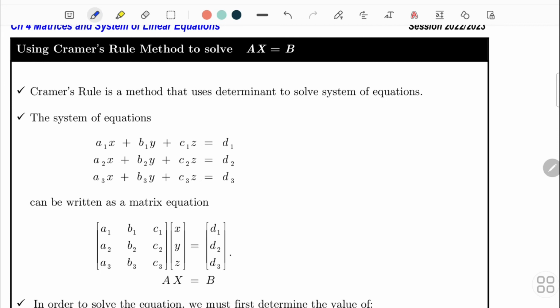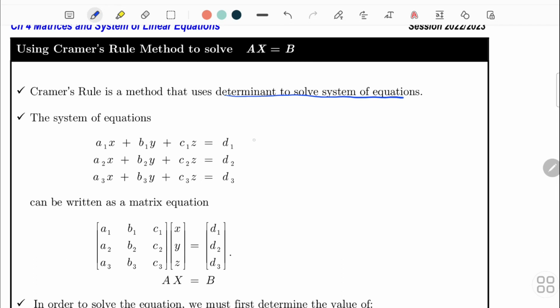Okay, let's proceed to the next method of solving the system of linear equations, which is using Cramer's rule method to solve for Ax equals B. Basically, Cramer's rule is a method that uses determinants to solve the system of equations.